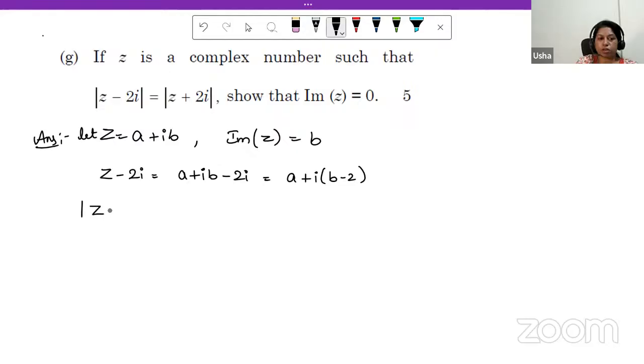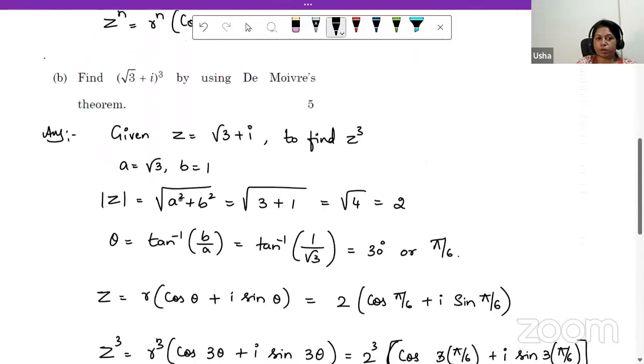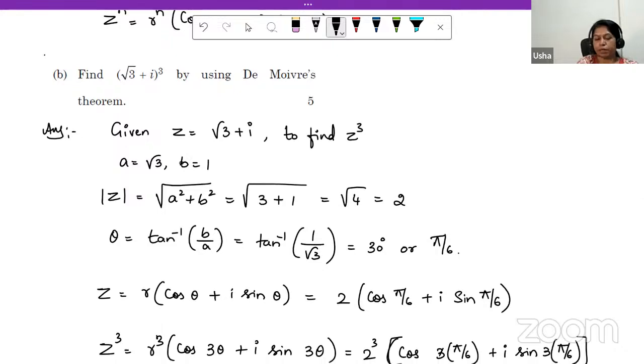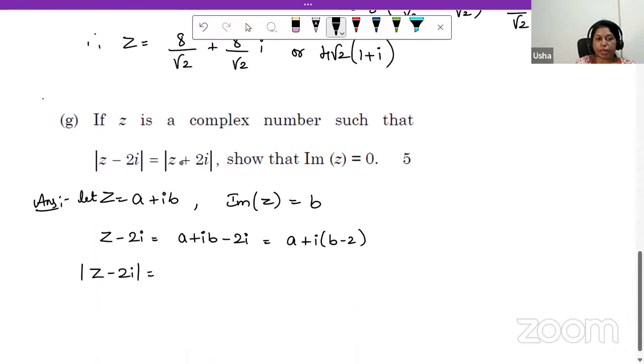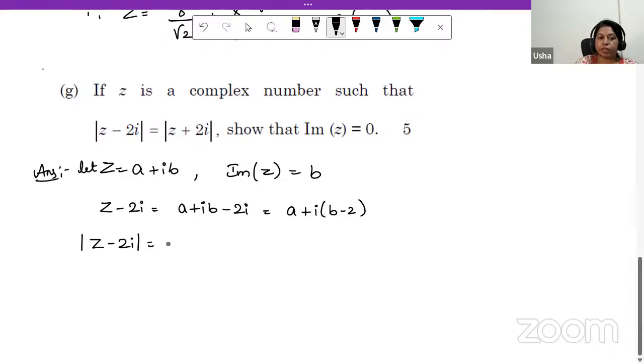Now, what is the modulus of Z minus 2i? The modulus of a complex number is the square root of the square of the real part plus the square of the imaginary part. So this is equal to root of A square plus B minus 2 whole square. This is LHS.